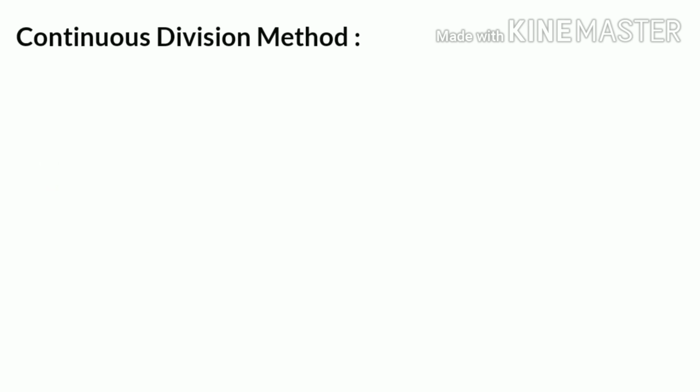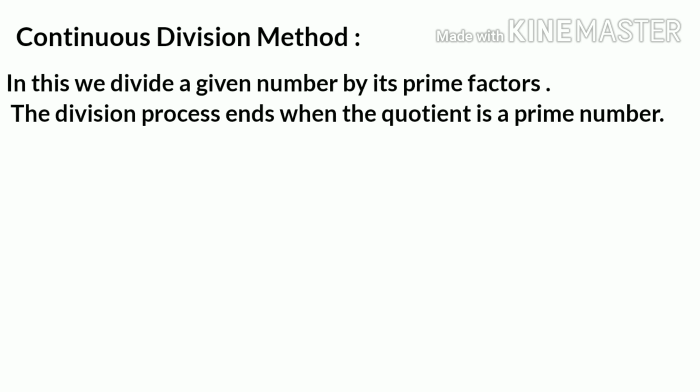Now let's discuss the second method, that is continuous division method. In this method, we divide a given number by its prime factors. The division process ends when the quotient is a prime number. Now, let us look at the steps to be followed in continuous division method.